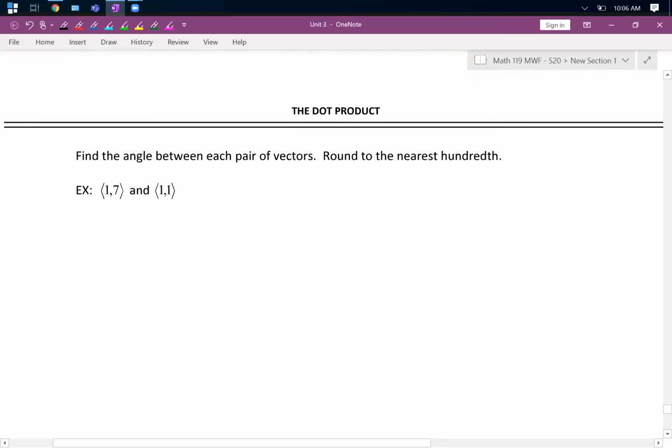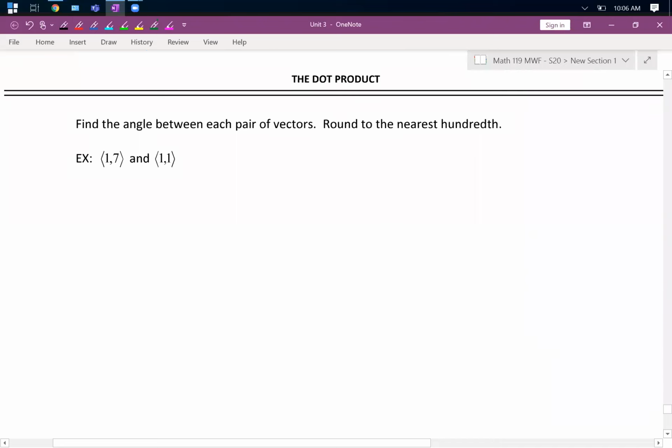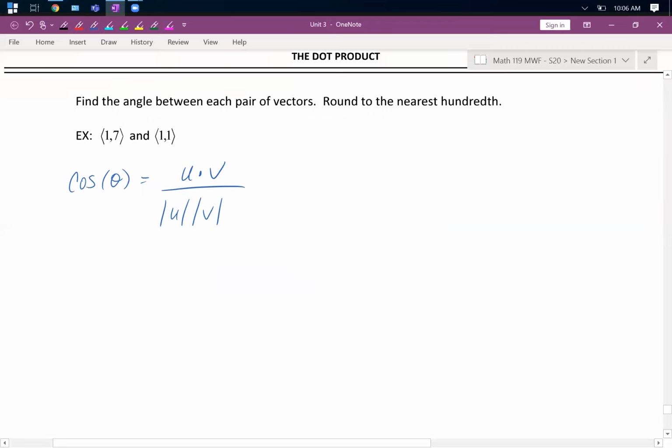So let's find the angle between each pair of vectors. The formula we're going to use, cosine of theta equals u dot v divided by the magnitude of u times the magnitude of v. I need to find 3 things. I need to find u dot v, I need to find the magnitude of each of the vectors, and then I can plug those numbers into our formula.